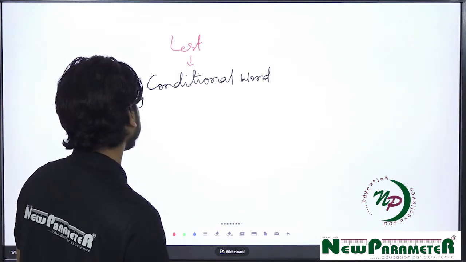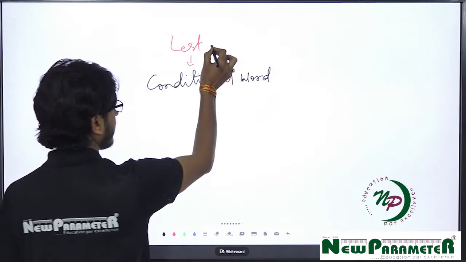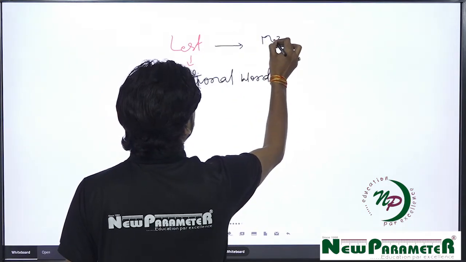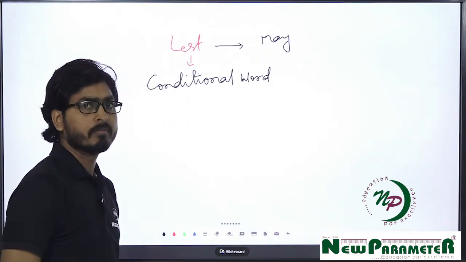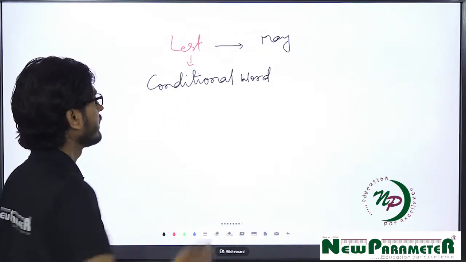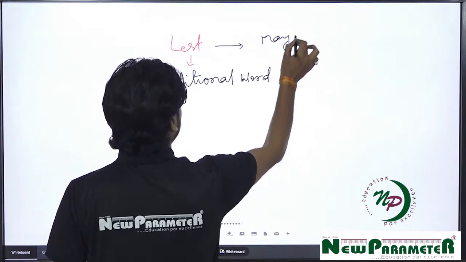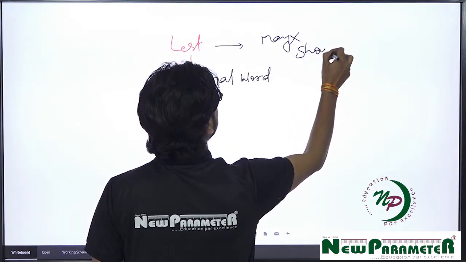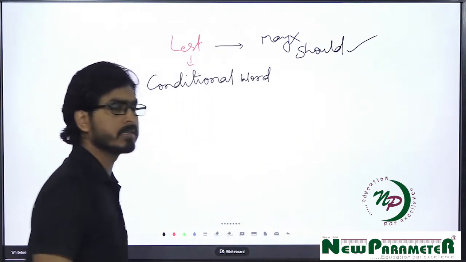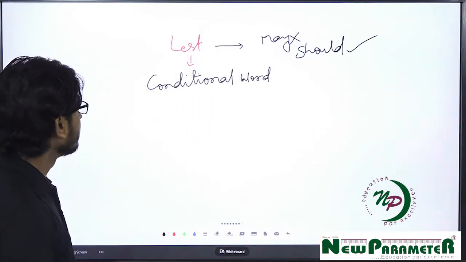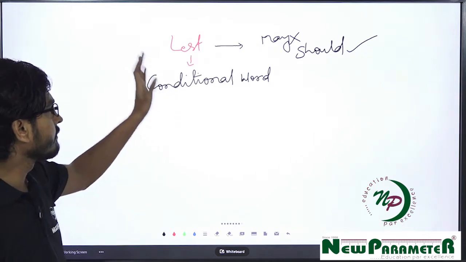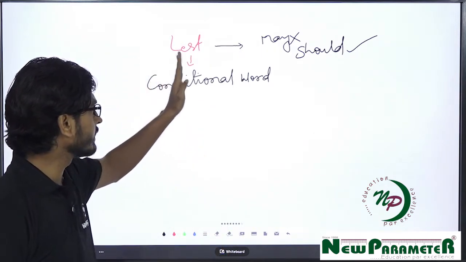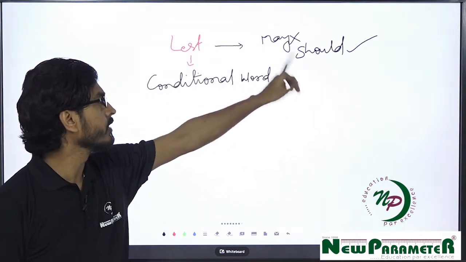In earlier days, grammarians used to use may with lest, but with the passage of time it is now considered wrong. We should use only should. This is considered correct. Means what? Whenever we use lest, we have to watch only one thing, that the sentence must have should, not may.